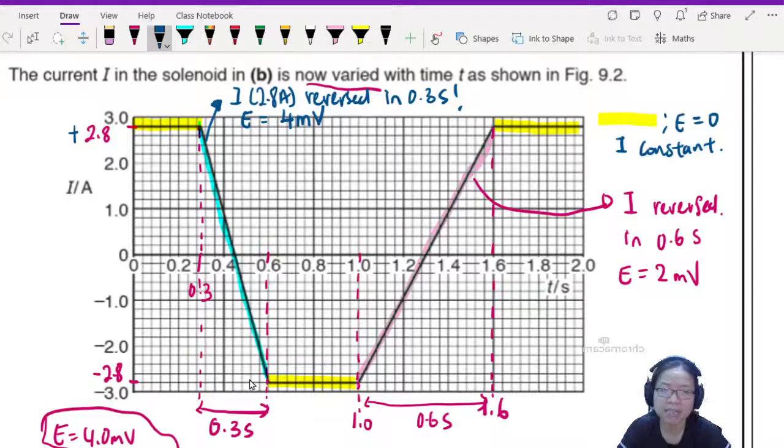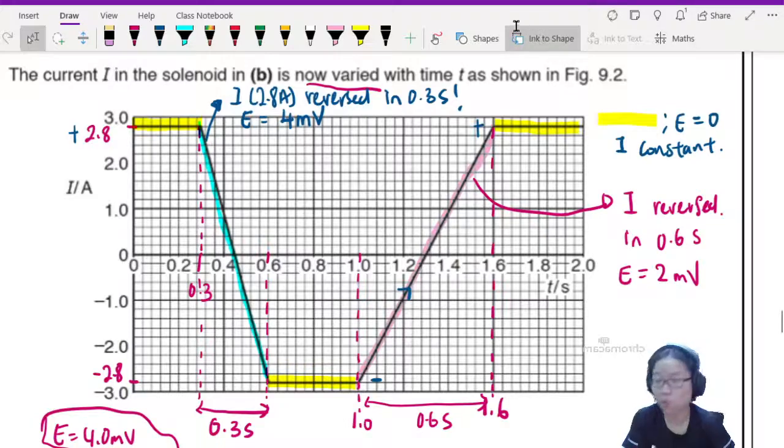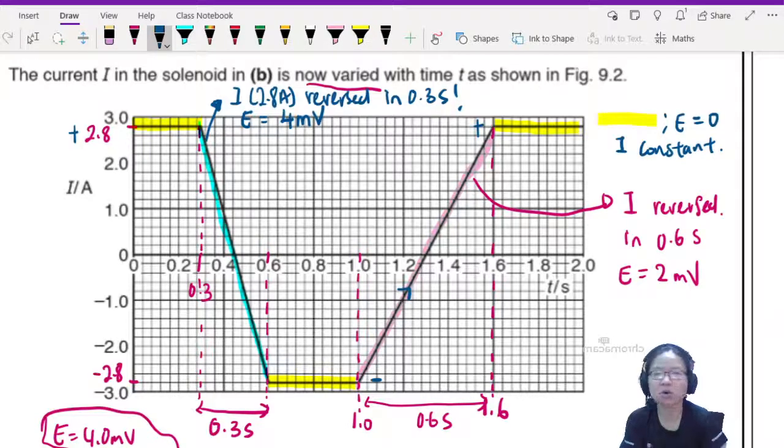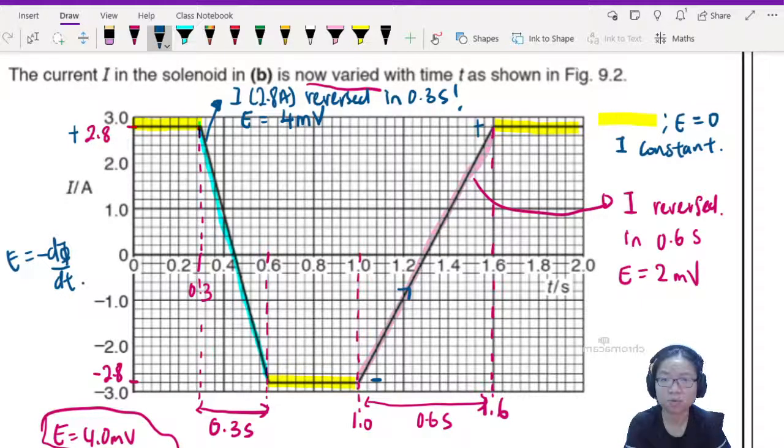In the pink color case, the current reversed from negative 2.8 up to positive 2.8. So the direction of change is different. Okay, in fact, you can look at the graph. One is decreasing, one looks like it's increasing. Or the gradient, one is negative and one is positive. So if you really stick by the whole induced EMF is equal to negative the flux dt, okay, so we know the polarity will be different.